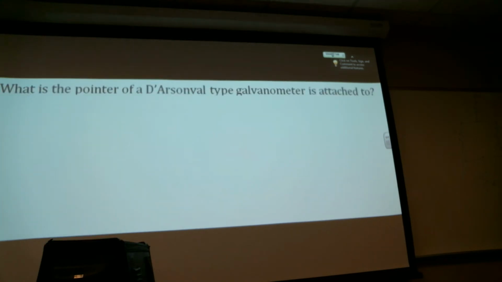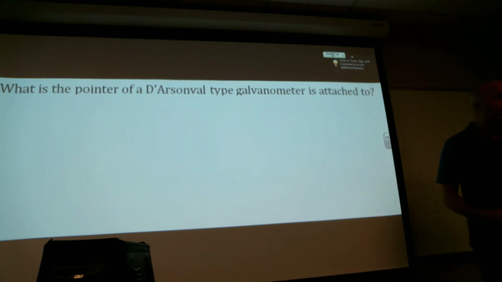This will be on the final. What is the needle of a D'Arsonval-type galvanometer attached to? I can't remember if we talked about this in the lecture yet, but it will come. It's just asking what the needle is attached to, and we'll cover it in the lecture, but it's attached to a little magnetic coil. It's proportional to the amount of current through the coil.